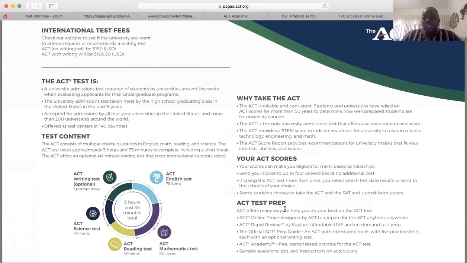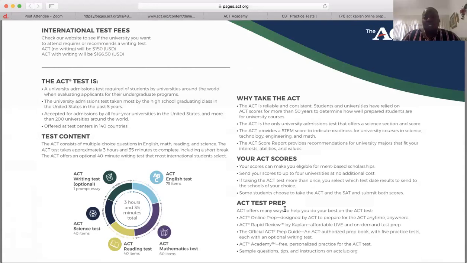We've also given you various sites: our Preparing for the ACT PDF, our ACT Academy, and our ACT Kaplan online prep, and all of those resources will help you to prepare for the ACT. We just want you to be aware that some students take both ACT and SAT. They submit both scores.